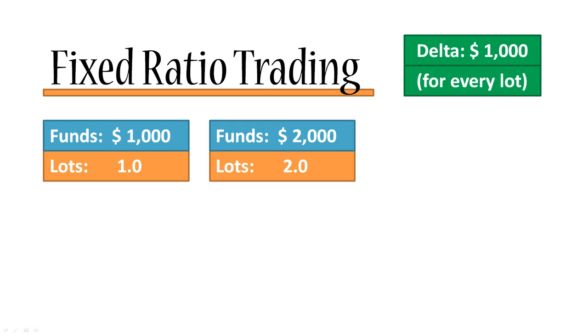Let's do the next one, and it'll start getting clearer as we do them consecutively. So now we have 2 lots on our account. The fixed ratio money management method says that every single one of the lots that we're trading with has to bring us an extra delta on our account for us to move to the next step.